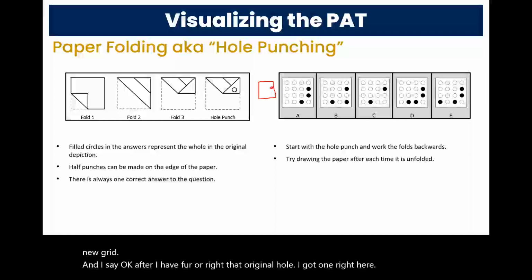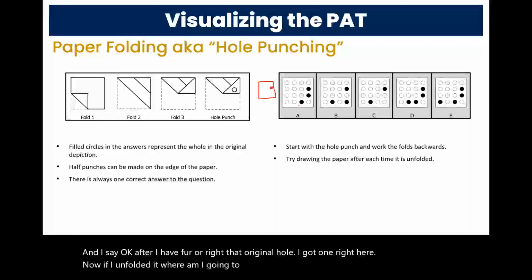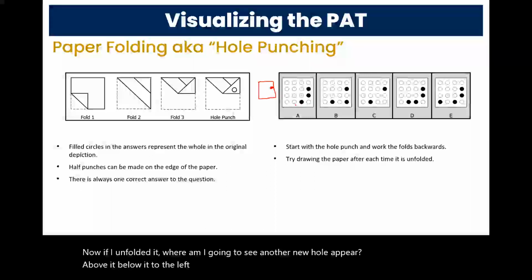Now, if I unfold it, where am I going to see another new hole appear? Above it, below it, to the left, to the right. So I'm just doing one unfold.